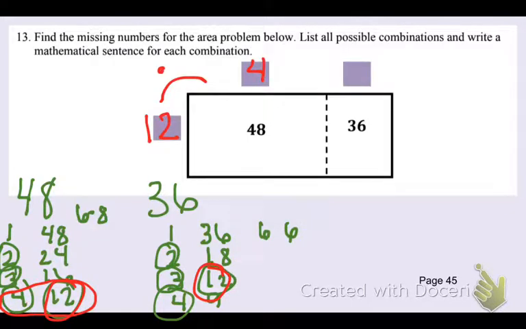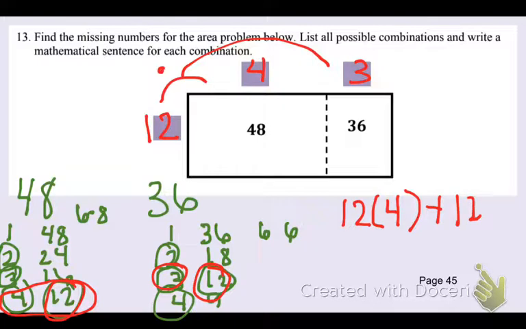We also said that 12 multiplied by 3 gives us this 36, so 3 is going to go here. My mathematical sentence is 12 multiplied by 4 plus 12 multiplied by 3.